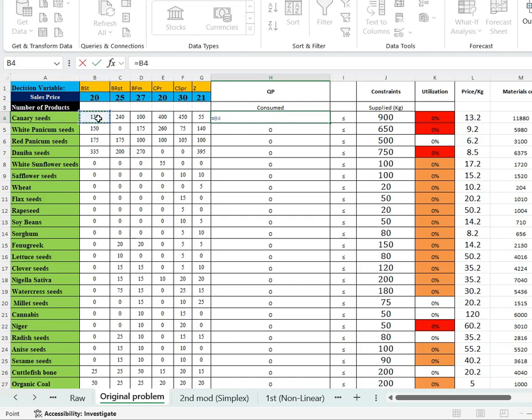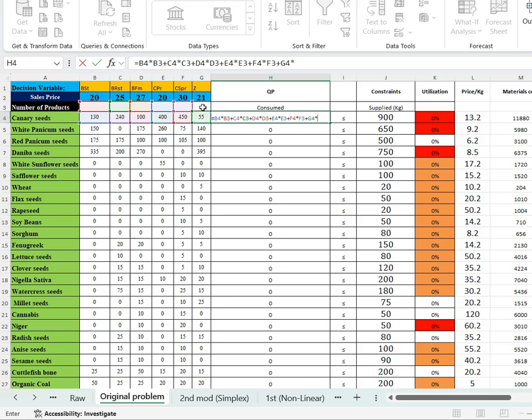So we will have this amount here, raw material, multiplied by the number of produced packages plus this multiplied by that. This is for the second, plus this for the third. This is for the fourth, and we do that for the last two.